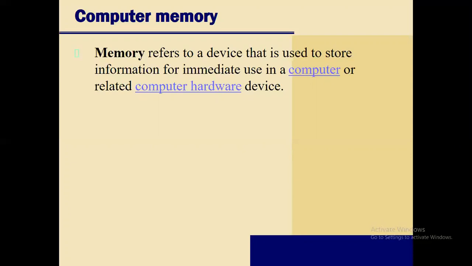If needed, contents of the computer memory can be transferred to secondary storage. A very common way of doing this is through a memory management technique called virtual memory. Memory is directly or indirectly connected to the central processing unit through the memory buses.